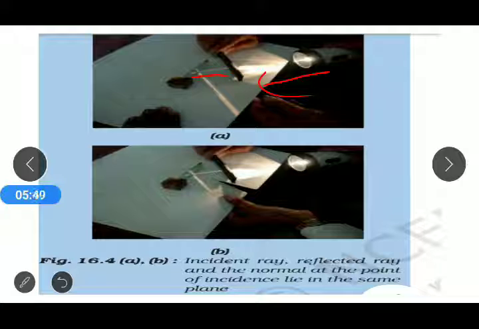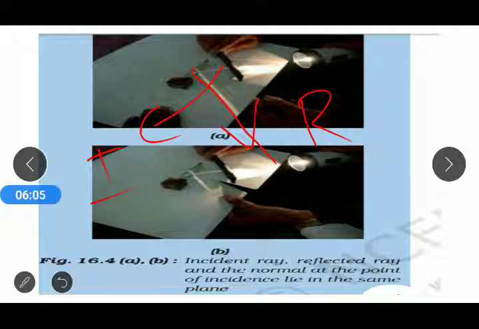As we have already learned from the first law of reflection, when light is incident on a mirror, it gets reflected back. You can see that when I draw these arrows, this line represents the incident ray, and after reflection, this line represents the reflected ray.